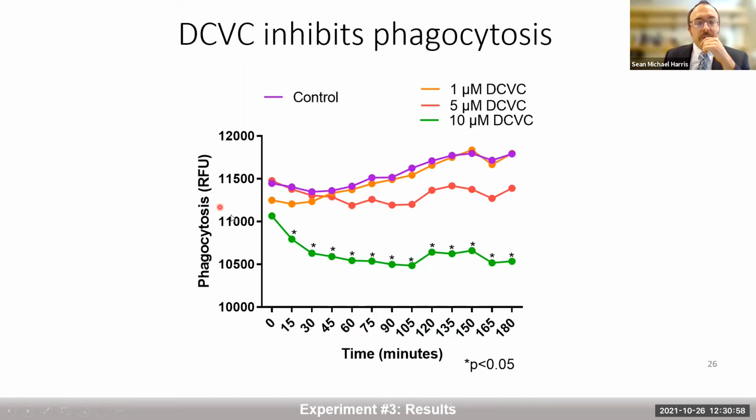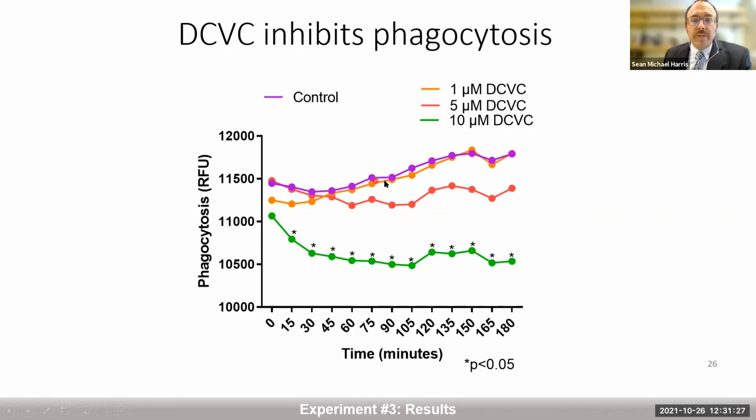And so we looked at phagocytosis as indicated by relative fluorescence units under conditions of treatment with DCVC. So you can see here, this is relative fluorescence units as a measure of phagocytosis, at various time points. The control cells that were not treated with DCVC had this sort of baseline level of phagocytosis.